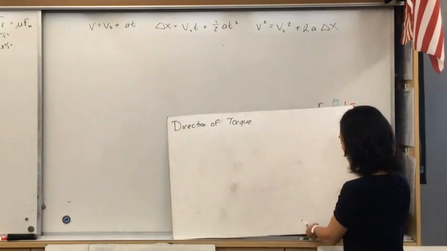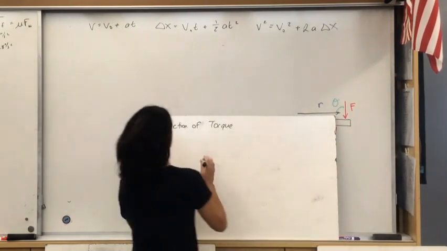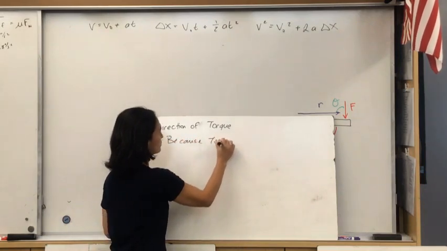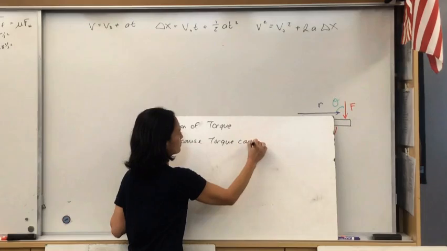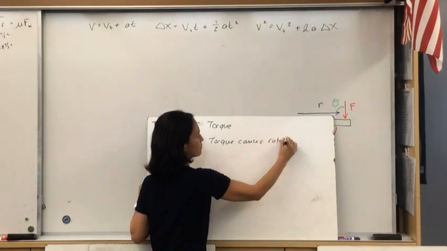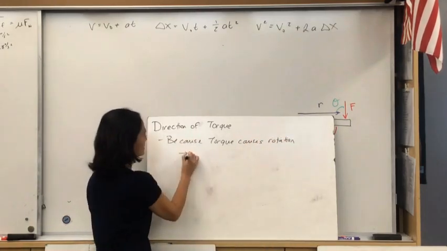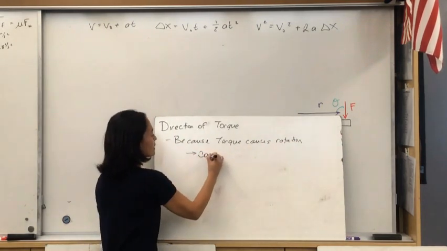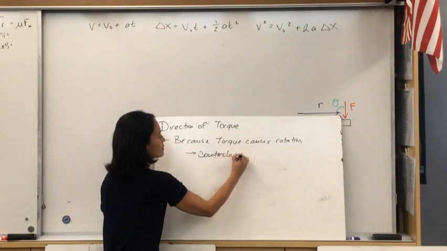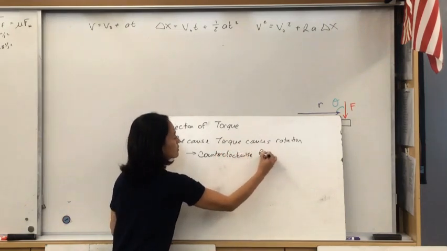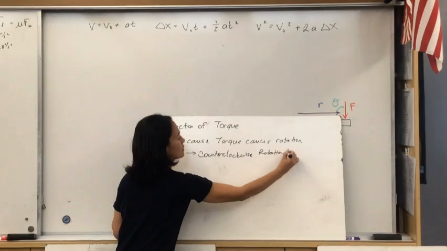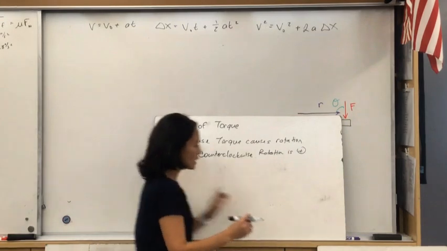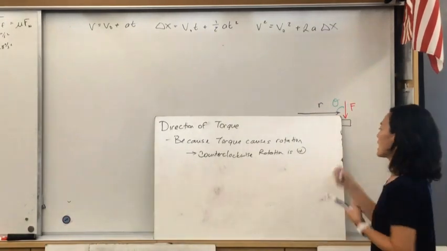So because torque causes objects to rotate, here is the definition: counterclockwise rotation is positive.